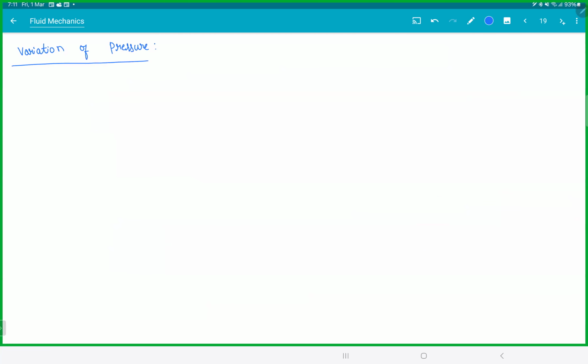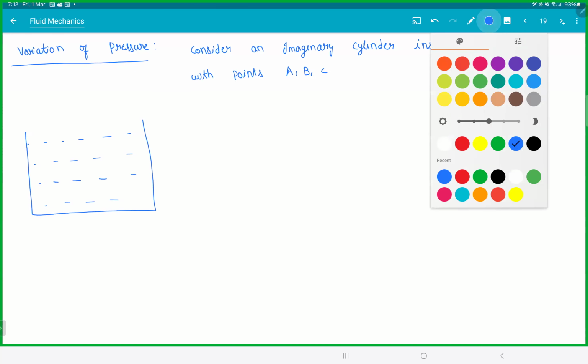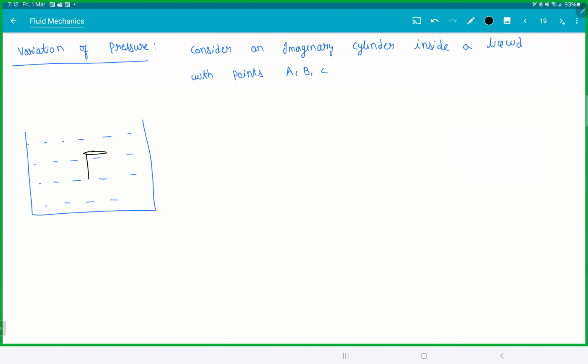Variation of pressure. Consider an imaginary cylinder inside a liquid, at points A, B, C. So let's say we have a cylinder here.